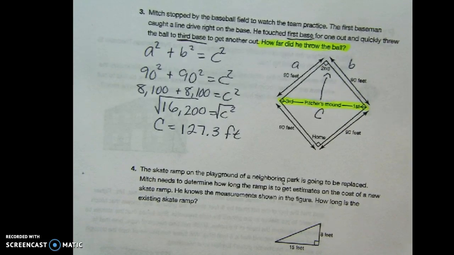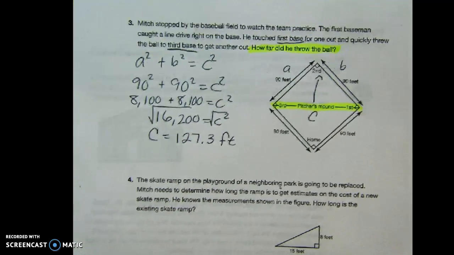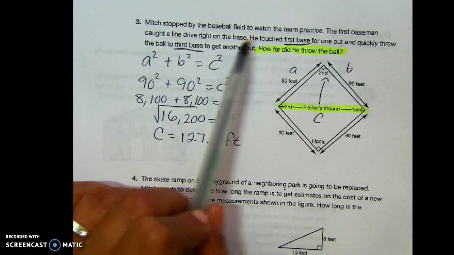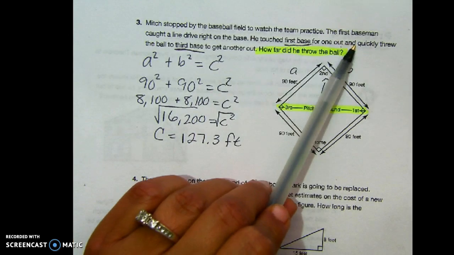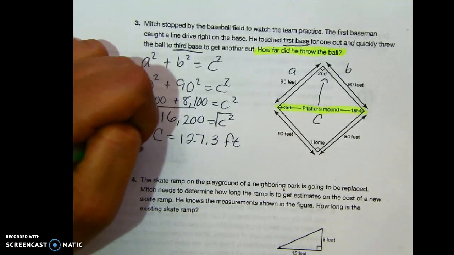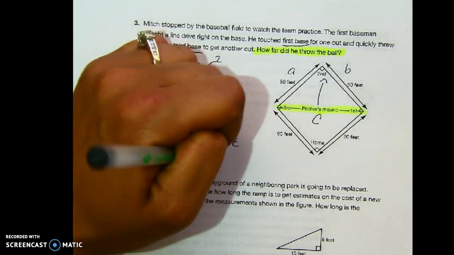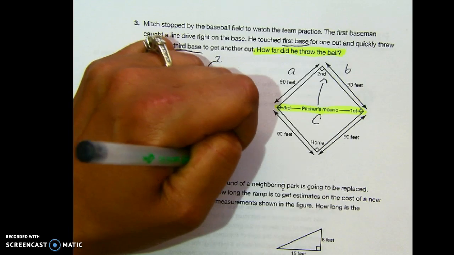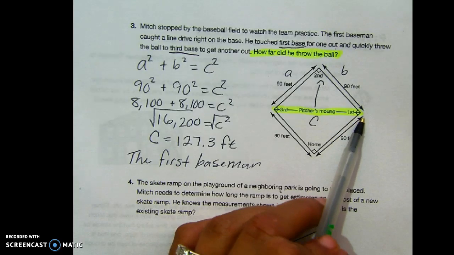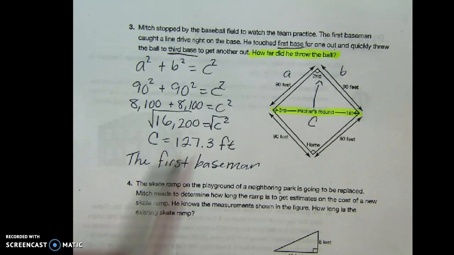But I'm not done. I need to write my sentence of reasoning. How far did he throw the ball? Okay. Well, the first baseman caught the line drive on the base, and he touched first base for 1, and then quickly threw it. So we're talking about the first baseman. So the first baseman threw the ball from first to third at 127.3 feet.